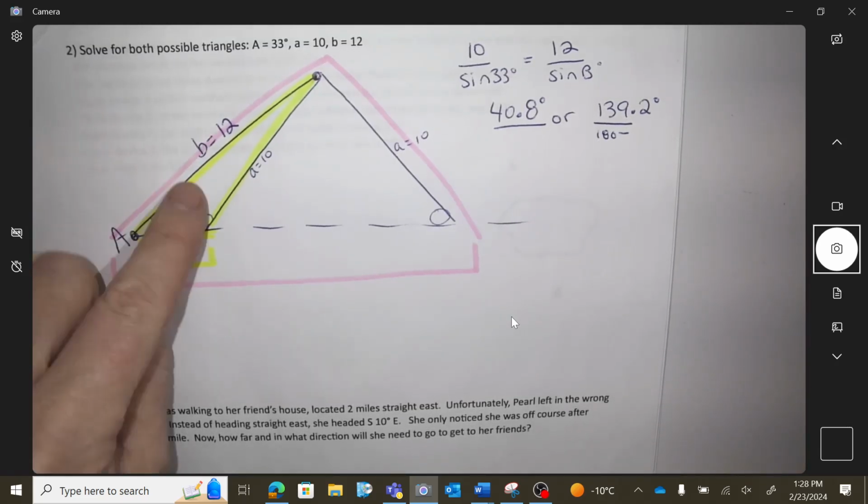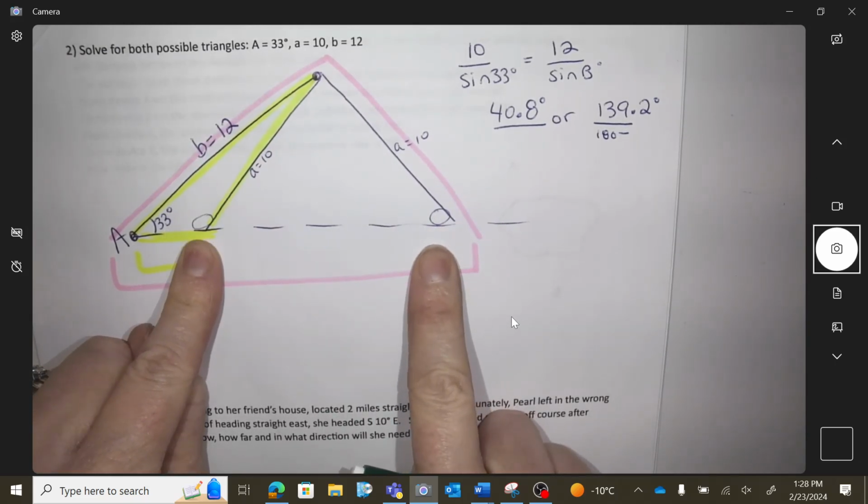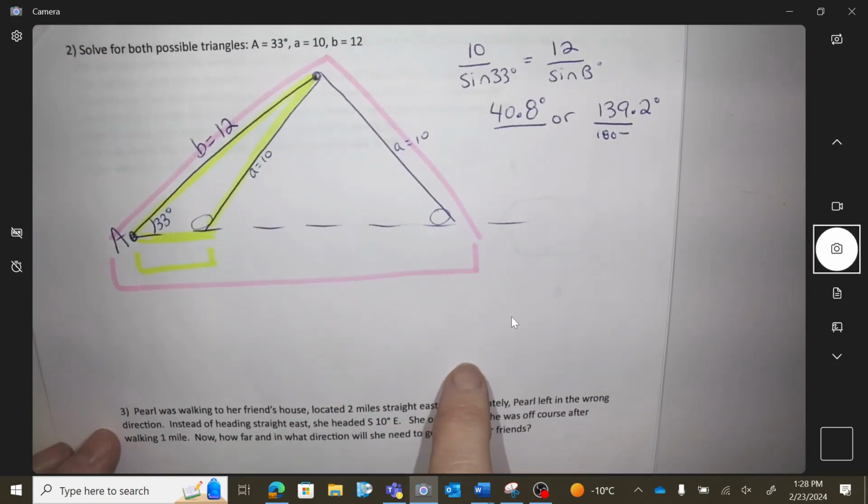Across from the B, there's one across from the B, or there's two across from the B. Look in your yellow across the B, the pink across from the B. One of them is bigger than 90 and one of them is smaller than 90, so you're going to have to figure out which one's what.